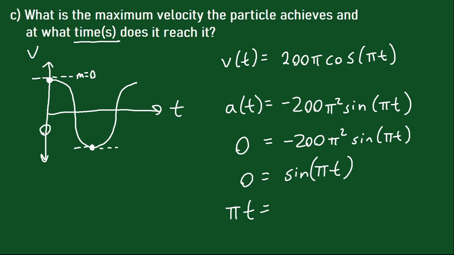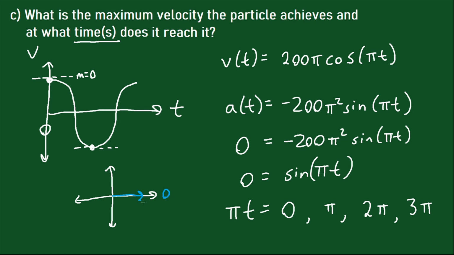Well, I know that sine of 0 is equal to 0, so pi t could equal 0. But I also know that sine of pi is equal to 0. I also know sine of 2 pi is equal to 0. I also know sine of 3 pi is equal to 0. And if you're not sure how I'm doing this, think of your unit circle, and I'll do a very crude sketch over here. If your radial arm is here at 0 radians, sine of that is 0. If it rotates to over here, it's rotated an angle of pi, and sine of that is also 0, right?